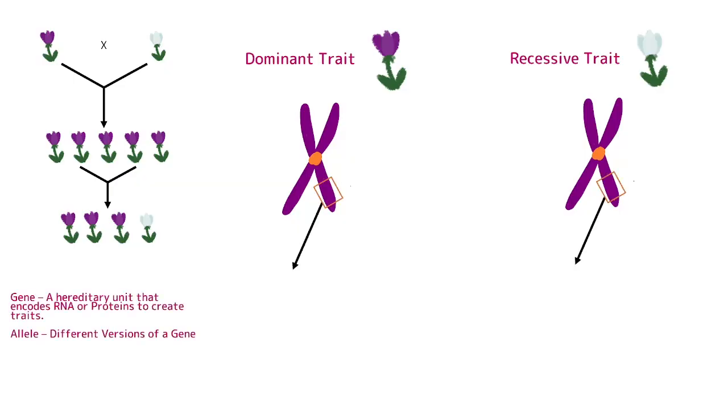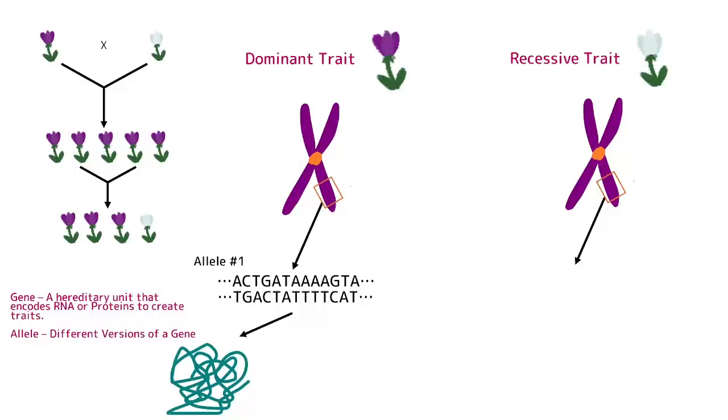A gene is a hereditary unit that encodes RNA or proteins to create traits, and an allele is a different version of the gene. For example, let's discuss allele number 1 of the purple flower. Now, as you can see, it has some kind of DNA sequence which encodes the protein which actually creates the purple pigments, and that's why the color is purple.